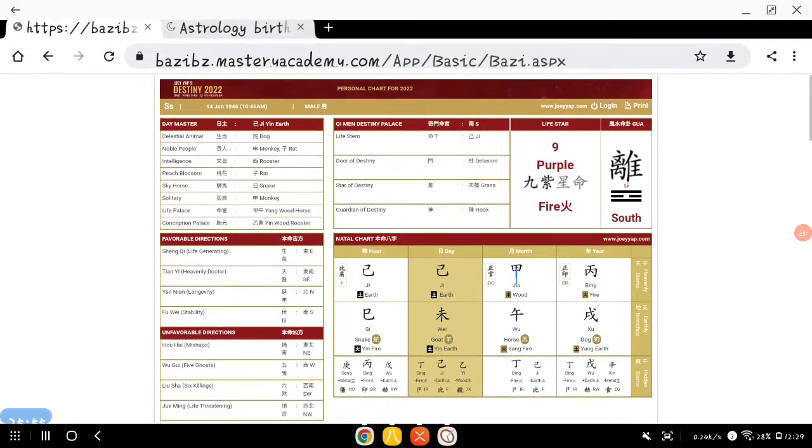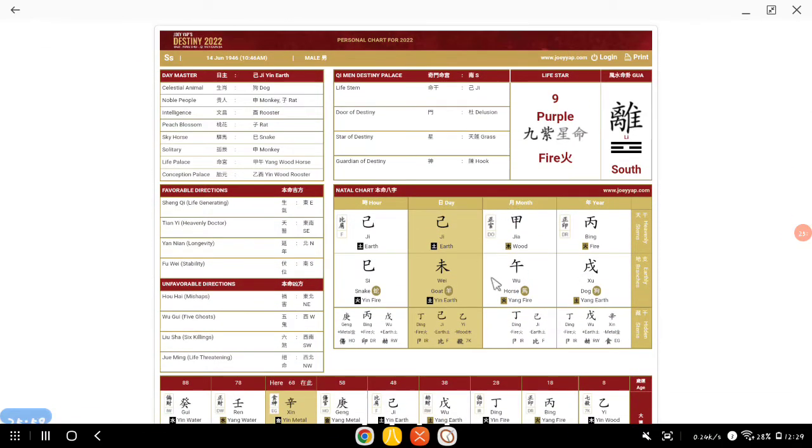So the next step, we need to find the favorable stars of this Bazi chart. Of course, we need to follow the strength: the earth and fire elements are very strong. Like I said, I made an example before.